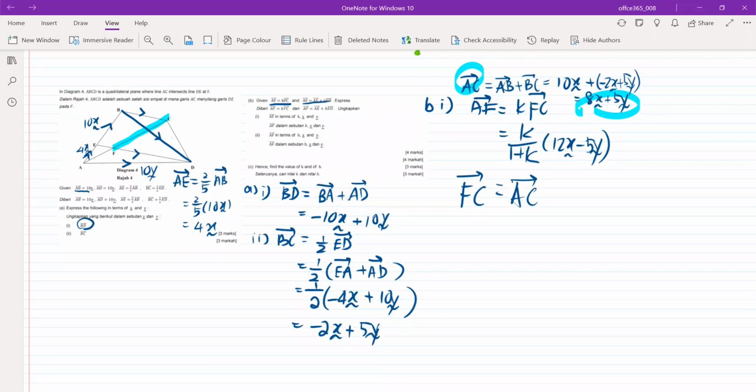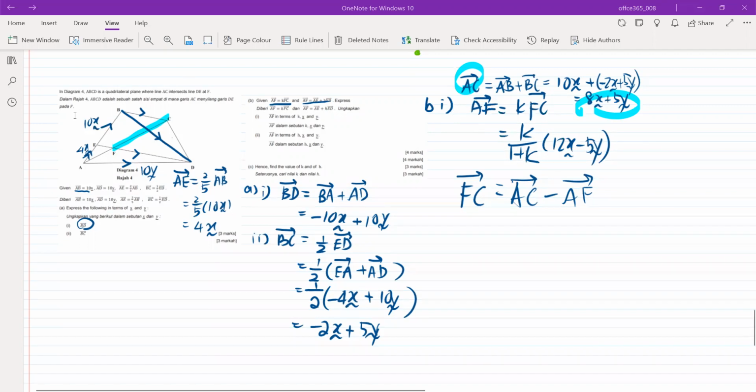You say FC equals AC minus AF? Right? So AF equals what? Like this you can, then shift to get the answer.